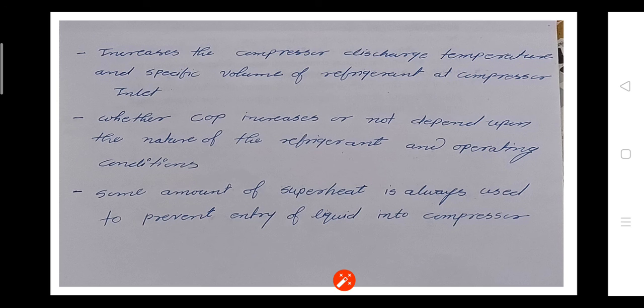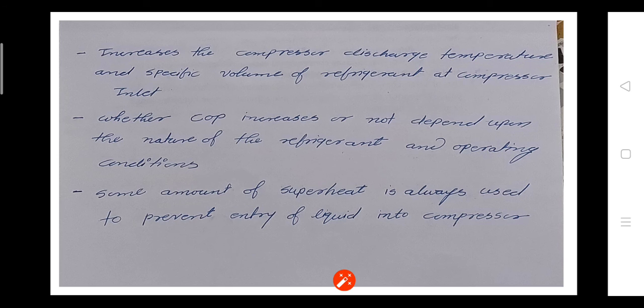Now some amount of superheat is always used to prevent the entry of liquid into the compressor. Okay, some amount of superheat you have to give for the proper functioning of the compressor, because if you see the actual or the standard VCR cycle, the entry of the compressor is saturated vapor.